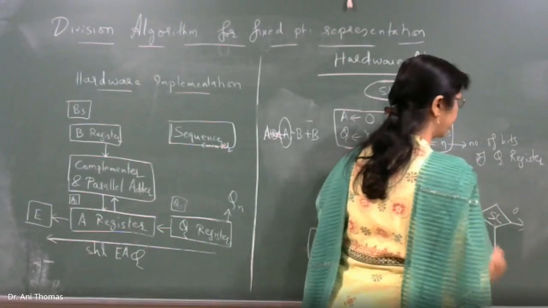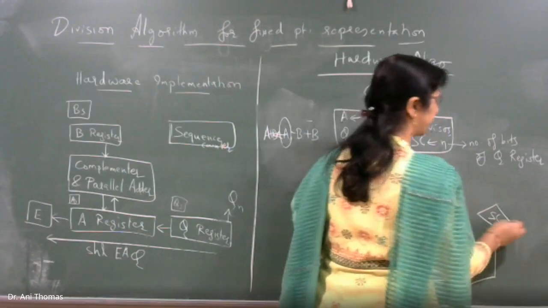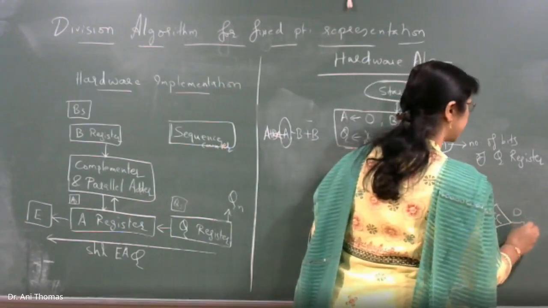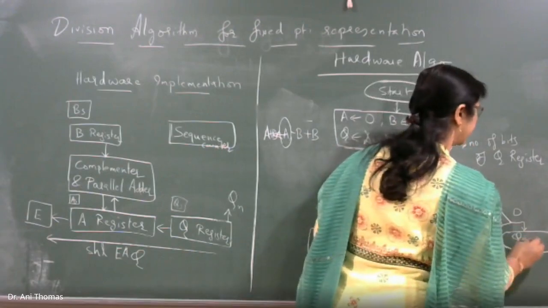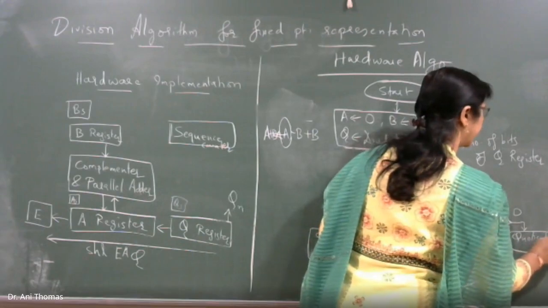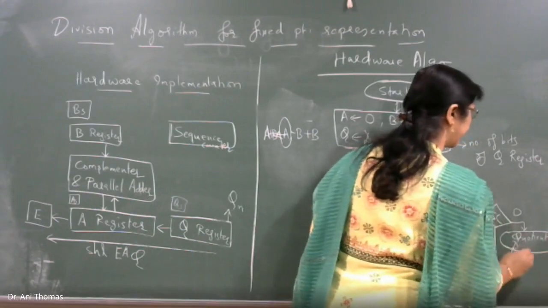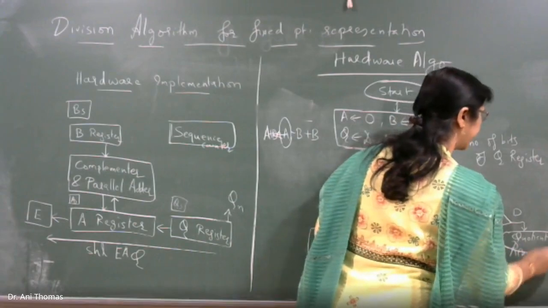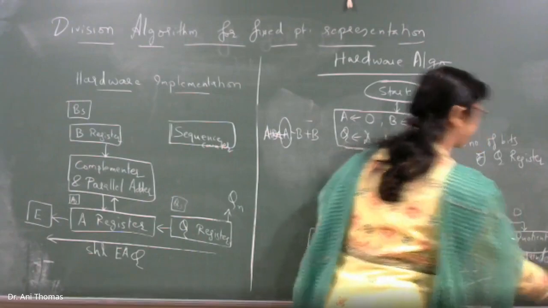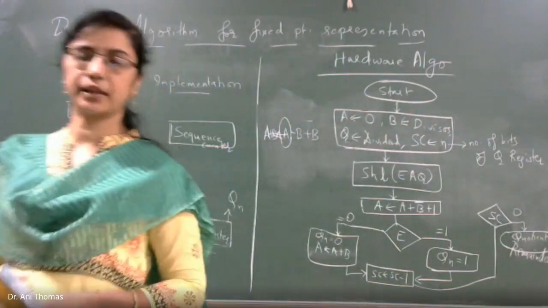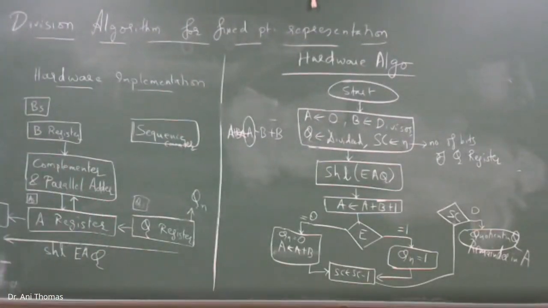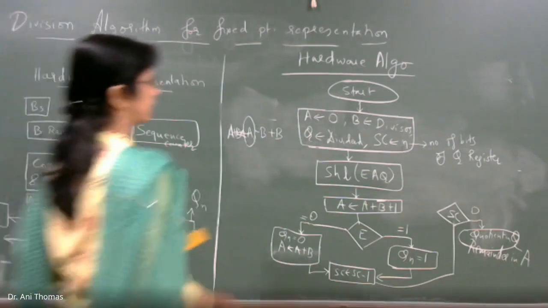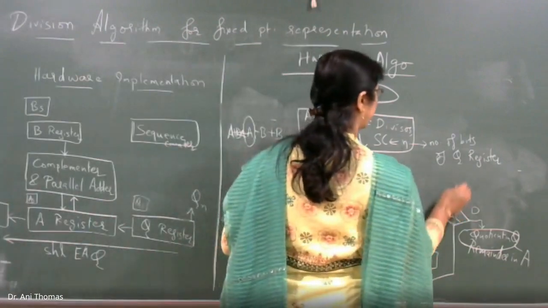If it is 0, then we say quotient in Q and remainder in A. Quotient in Q and remainder in A. And if it is not equal to 0, where will it go?